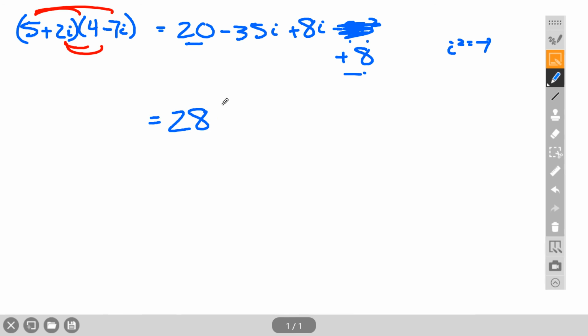So 20 and 14 are real, so we add them. Negative 35 and positive 8 is negative 27i. Alright, so that would be our product of these two complex numbers, because 5 plus 2i is complex, 4 minus 7i is complex, and we get a complex number, 34 minus 27i.